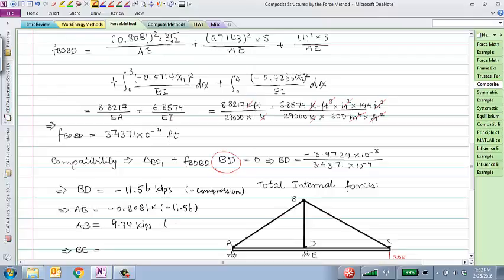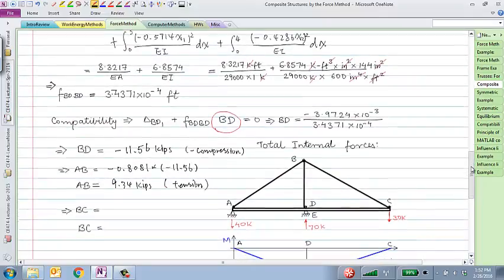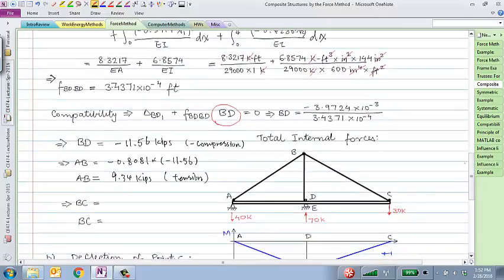And this member is in tension. Now, after that, similarly, we calculate BC, which is 0.7143 minus 0.26.